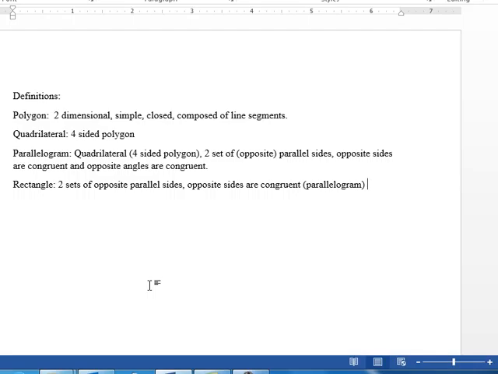And what else have you said by saying it's a parallelogram? That it is a quadrilateral with four sides. What have you said about the angles? Opposite angles are congruent, because that's part of the parallelogram. So by saying it's a parallelogram, you automatically get all those definitions. Yes, you can do that.